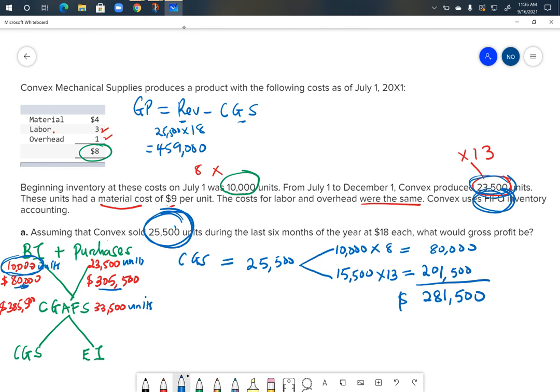So if you take the 459,000 minus the 281,500, this gives us a gross profit of $177,500.